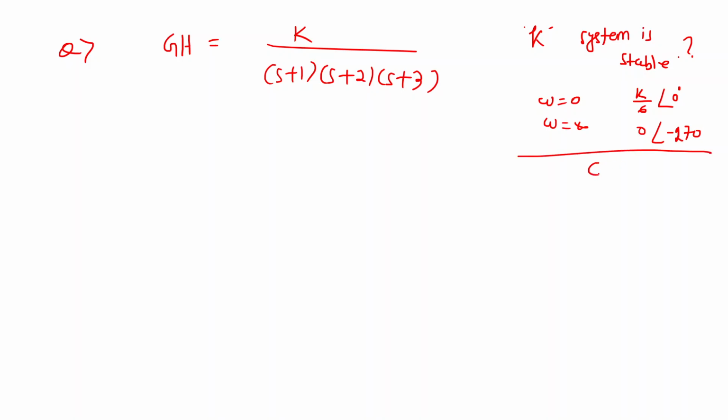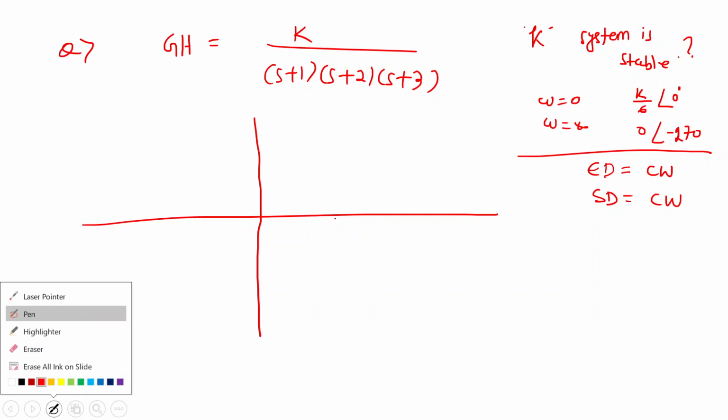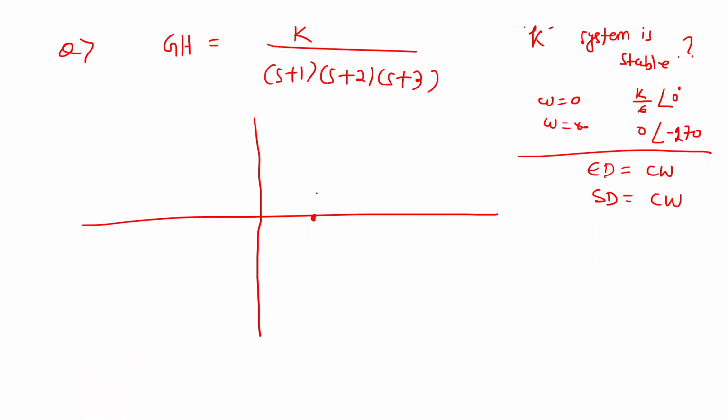Now, the ending direction is positive, meaning clockwise, since poles are there. So now your target is to draw the polar plot. I start at the K by 6 point at a 0 degree angle, and I reach the origin, where the magnitude is 0, at minus 270.